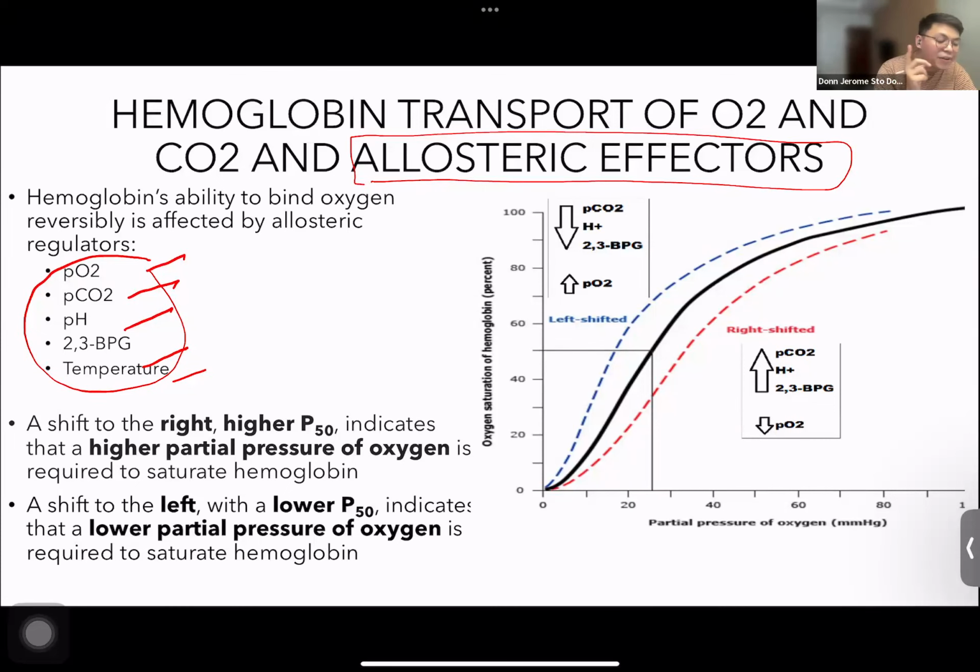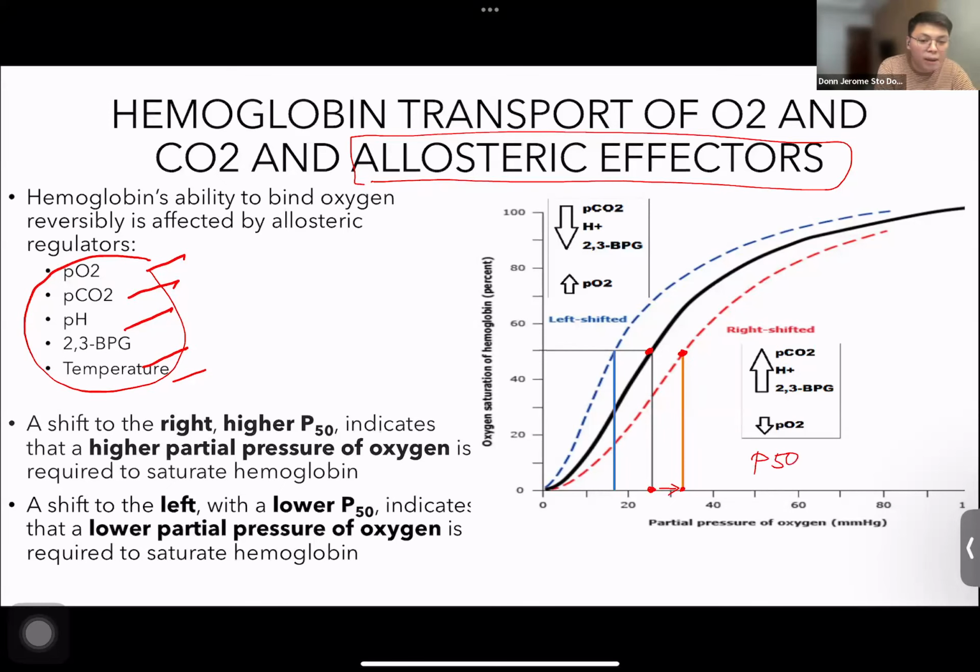Such that a right shift, pag nag-shift yung curve to the right, yung black line diyan, guys, on the right, that is your normal hemoglobin oxygen dissociation curve. When the curve shifts to the right, as you can see here, from here to here, ano nga uli yung P50? That is the partial pressure at which your hemoglobin is 50% saturated. Pag nag-shift to the right, what happened to the P50?